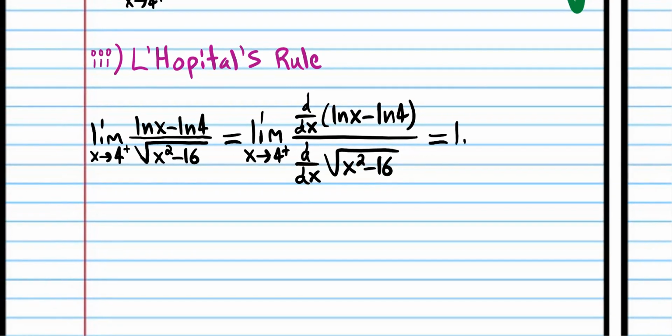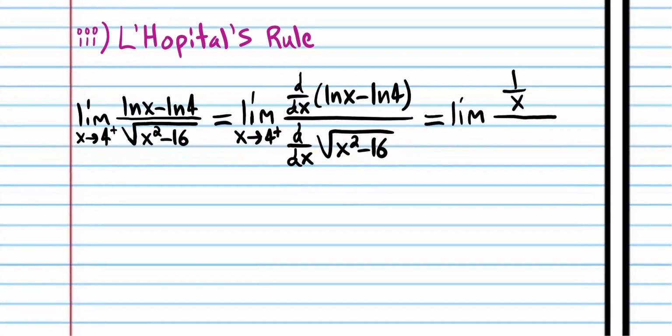So the derivative of natural log 4 is just 0 because that's just a constant. The derivative of natural log x is 1 over x. And here, if we change that to a 1/2 power, I'm not going to do that because you should know how to do that by now, really.